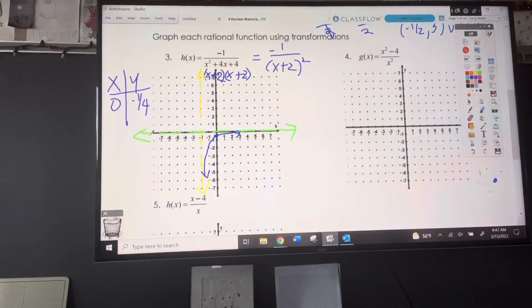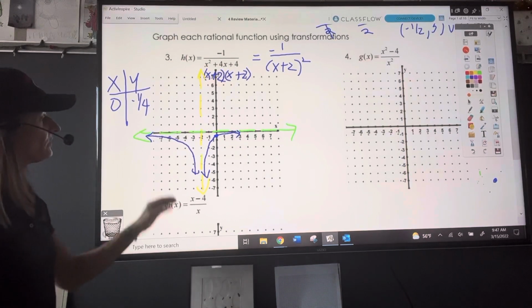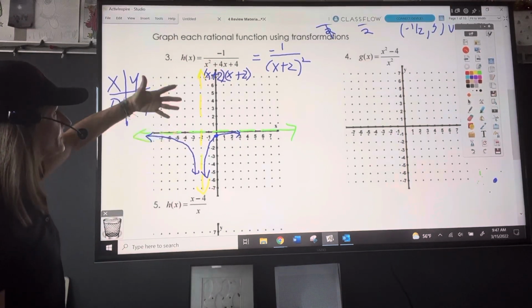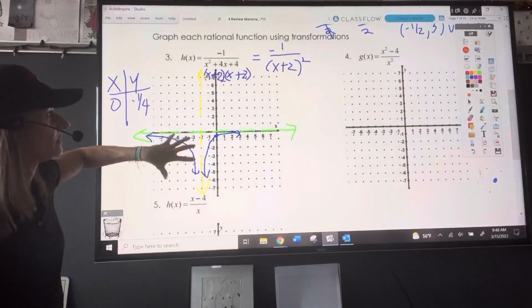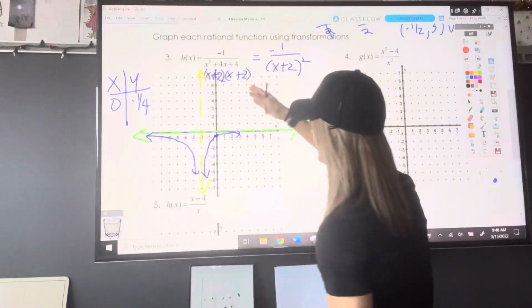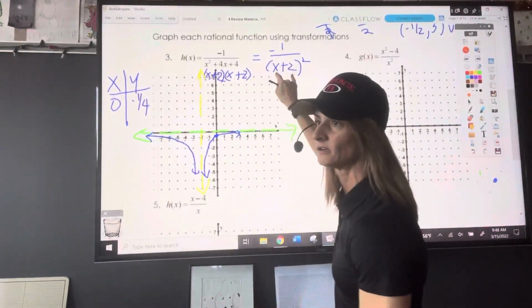See, we're just estimating, kind of drawing shapes of graphs, and that's it. That's all you need. I knew that the second part of the graph is either going to be up here or down here. I know it's down here because the multiplicity of this asymptote is 2. It's even.